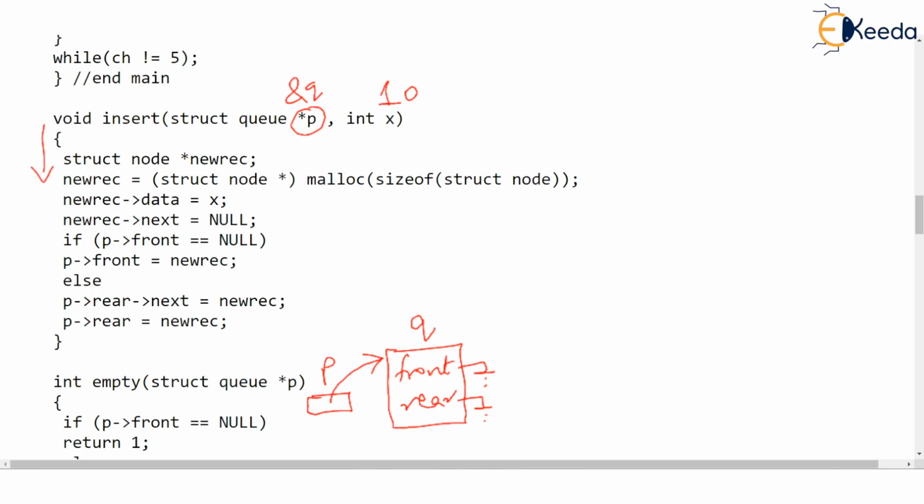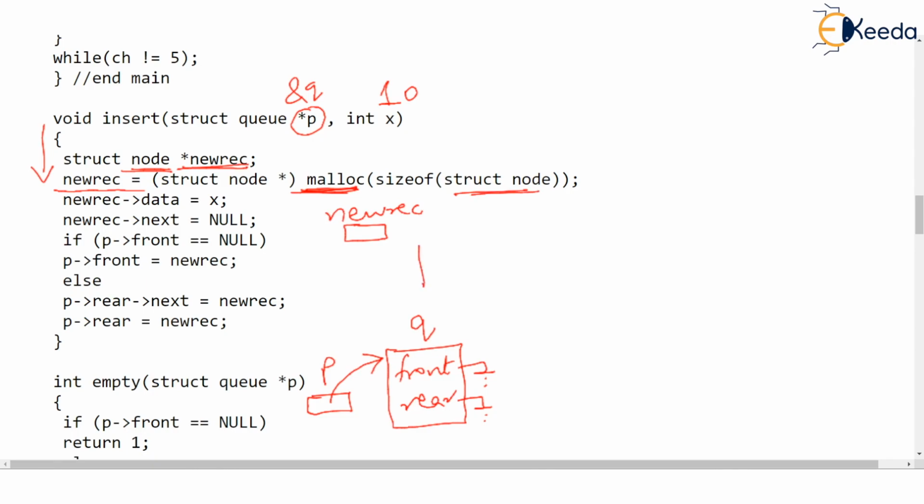When you run this code, there is one more pointer newrec declared locally inside insert, which is a node pointer. So in the memory, there is a newrec pointer, which is not pointing anywhere at the moment, but it can point to a node. You all know this line, newrec will now point to a newly allocated node. Malloc will allocate a new node because we have asked for the struct node.